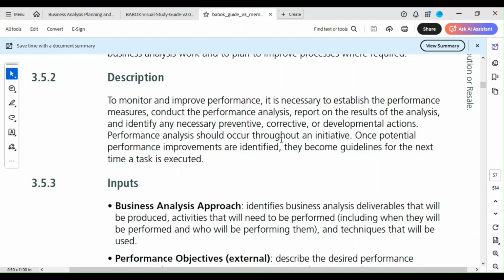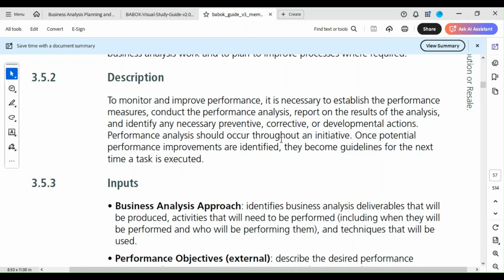Beautiful. So once you review those performance areas and you are able to identify them, you are able to come up with corrections and developmental preventive measures, and it becomes a guideline. So it doesn't fall from the sky.